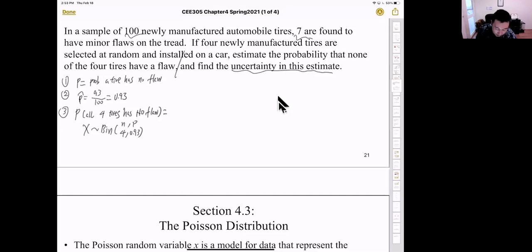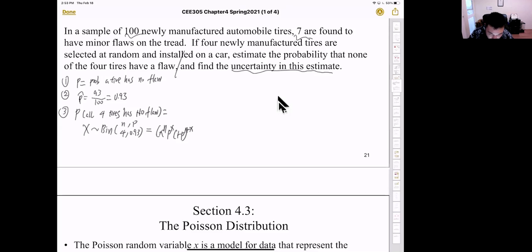So binomial 4, 0.93. Based on the PMF for the binomial distribution, it is C n X P to the X times 1 minus P to the n minus X. So n is equal to 4, P is 0.93.